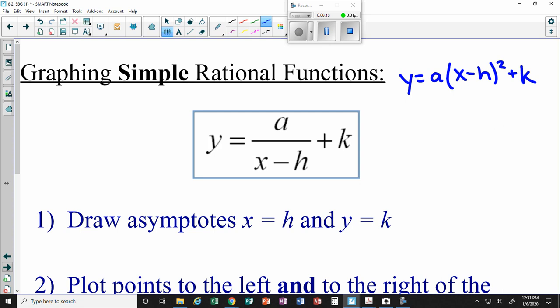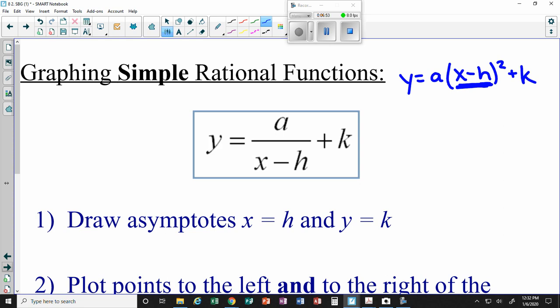A does the same thing: vertical stretch or shrink, reflects if it's negative. h shifts left to right. k shifts up and down. The only difference is the inside of the function. In the quadratic, the minus h is in with the x, inside the square. Here, the x is in the denominator, so the h is added or subtracted inside the denominator. Then the k is added outside.